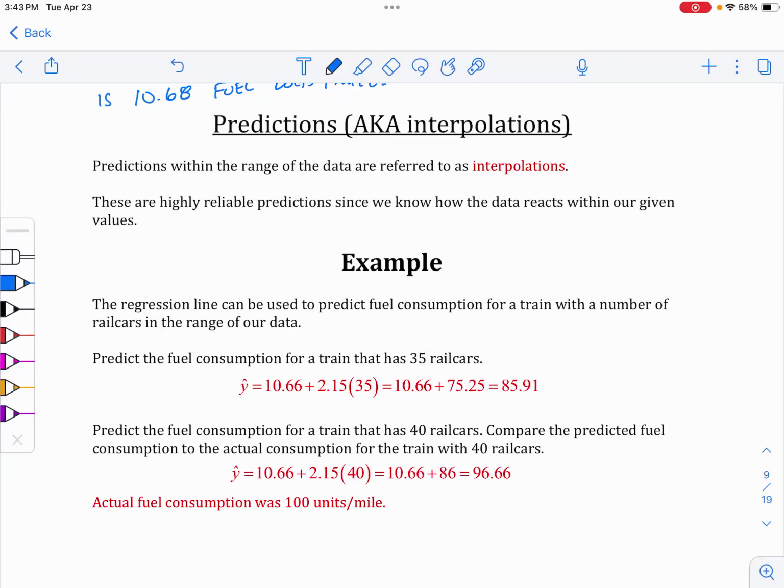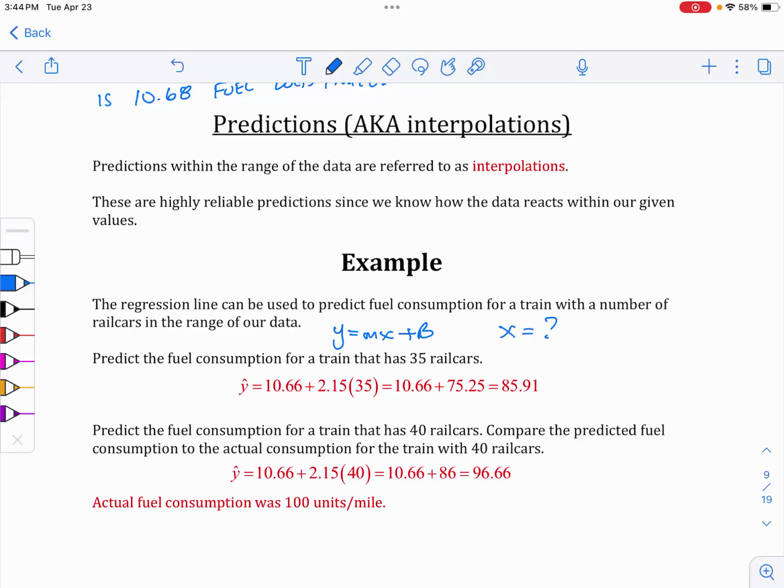So I have my equation, y equals mx plus b, here. Basically, given any x value, I can predict a y value. Similarly, given a y value, I could predict an x value.